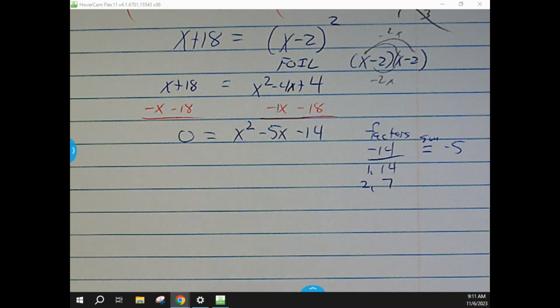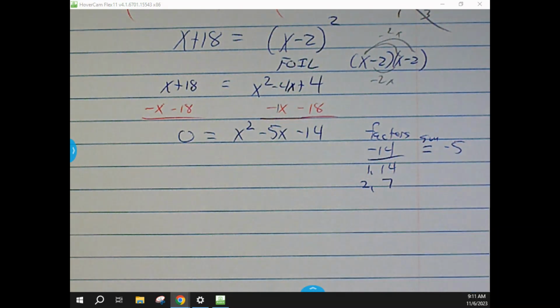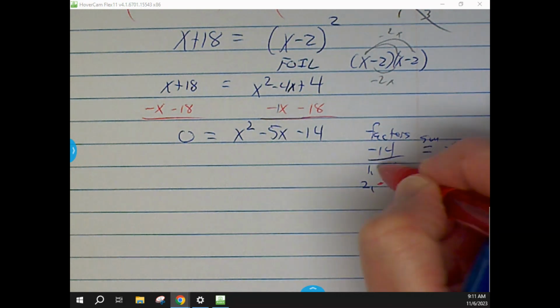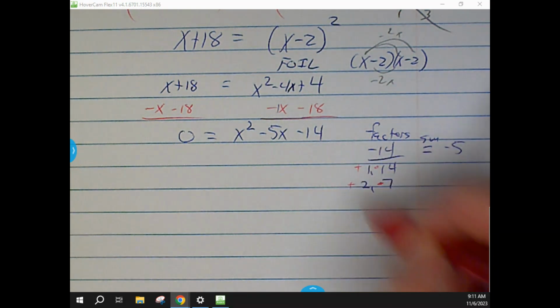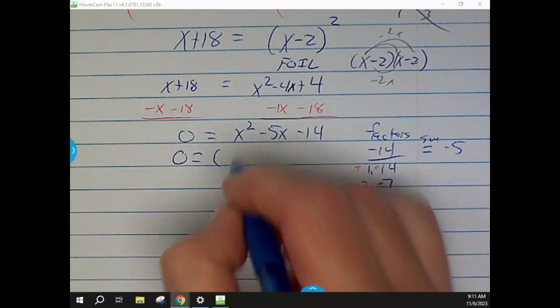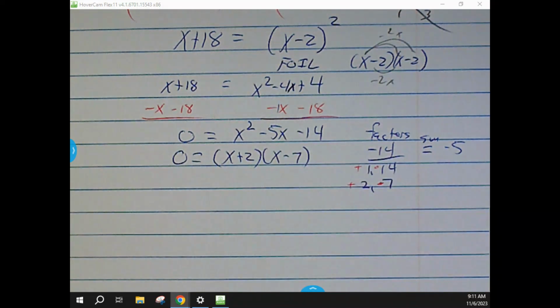We know the 1 and 14 is not going to get us there. So it comes down to where the signs go. Your B term is negative, so that's got to go with your bigger number, which makes the smaller number a positive. So this one should be x plus 2 and x minus 7.